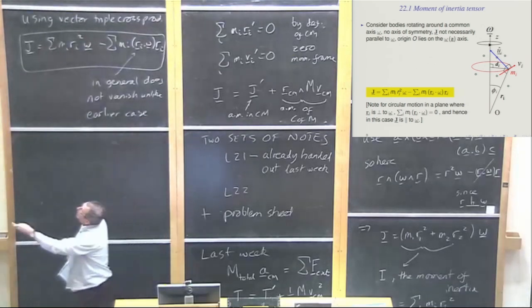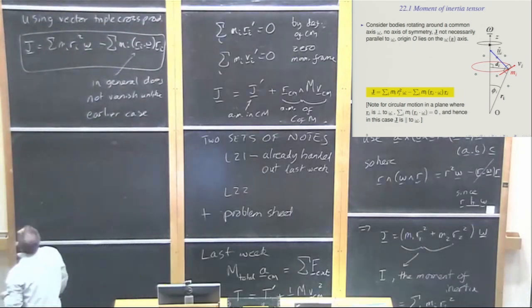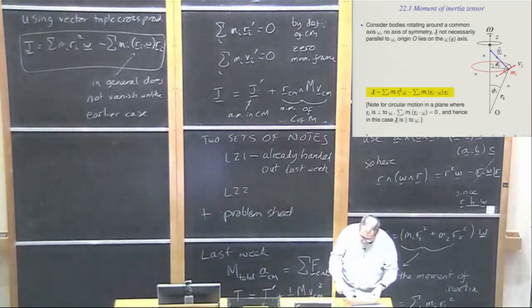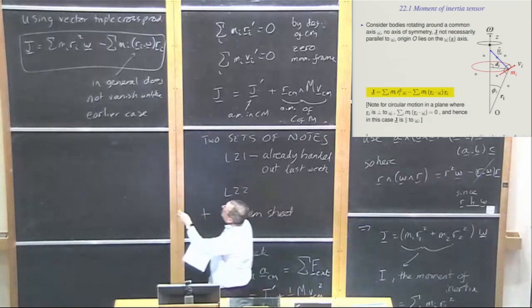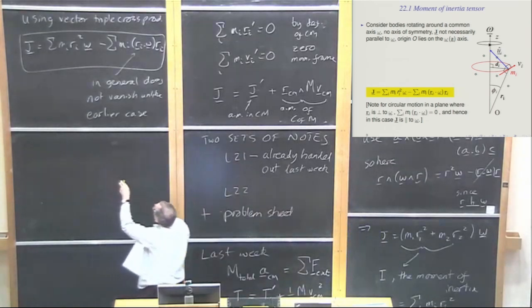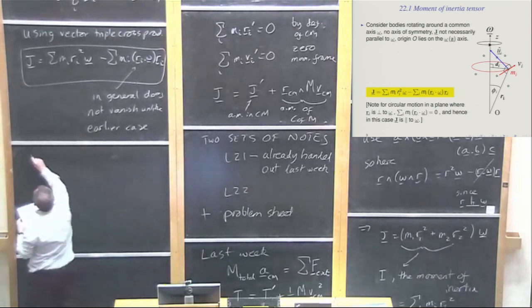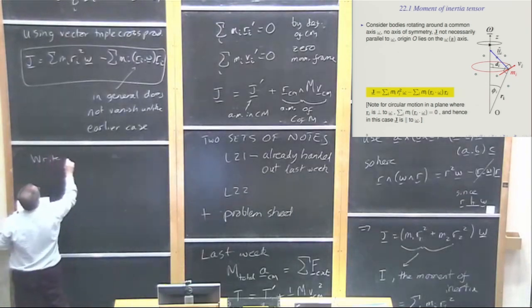Yes, this was the earlier case, the circular motion in the plane. So this is a more complete expression. So this is a vector, and it has 3 components. Let us try and write out one of them. One will be quite enough.